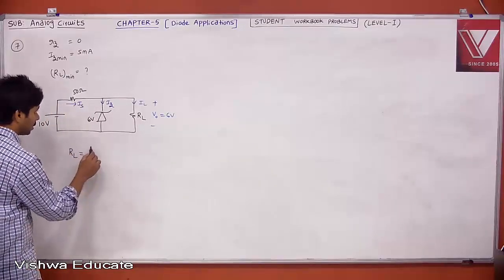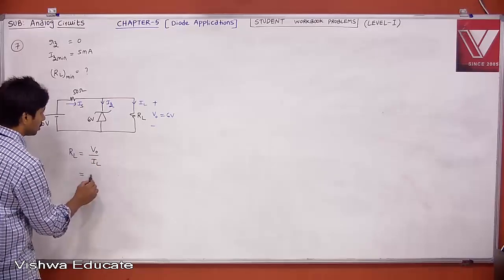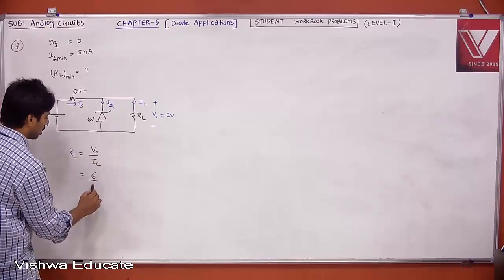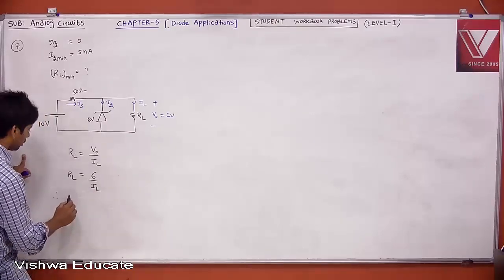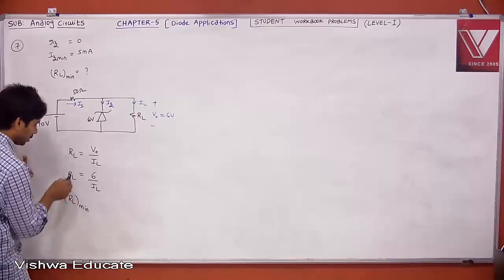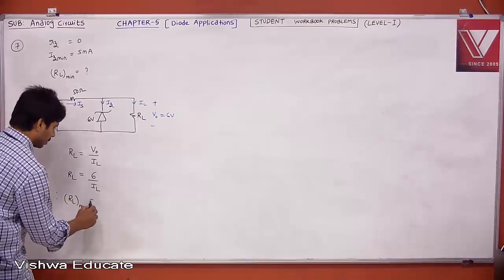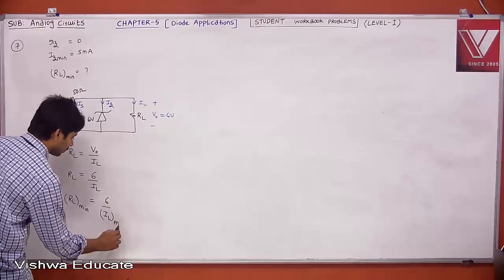Your RL is equal to V0 divided by IL. What is V0? 6 divided by IL. This is your RL. Therefore, what is RL minimum? RL is minimum when IL is maximum. Therefore, 6 divided by IL maximum.